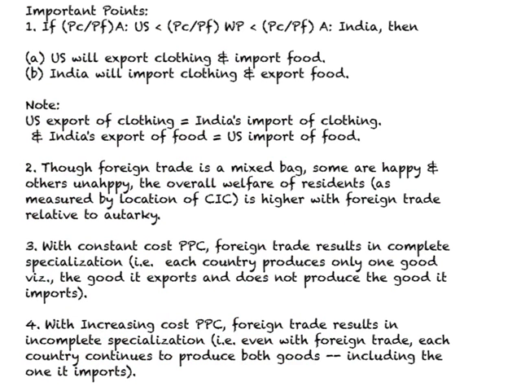Let us summarize all that we have learned by looking at general equilibrium analysis for explaining foreign trade. The first thing we learn is, if the relative price of clothing is lower in autarky in the US relative to India, and as long as we can find a world price which lies between these two extreme autarky prices, in such a case the US will export clothing and import food, and India will do exactly the opposite.